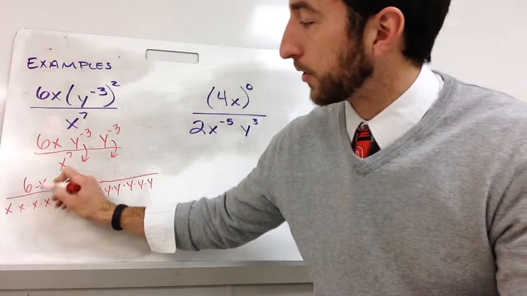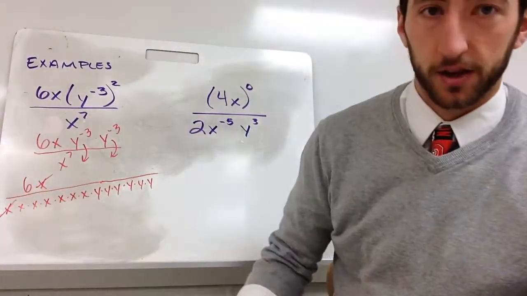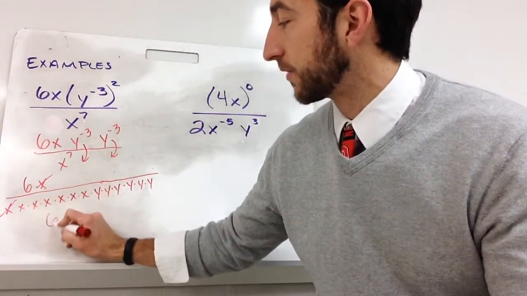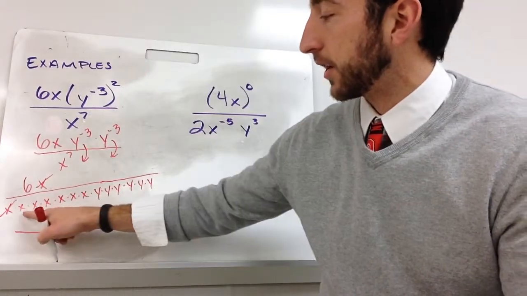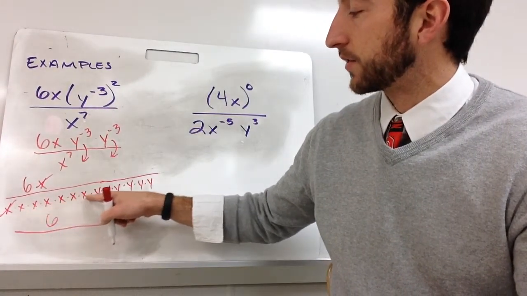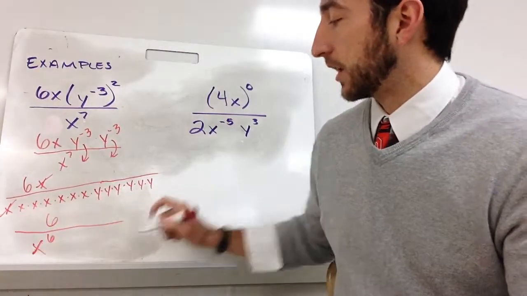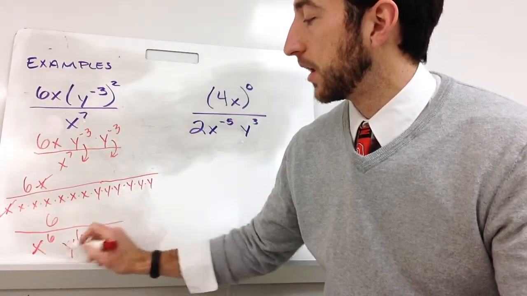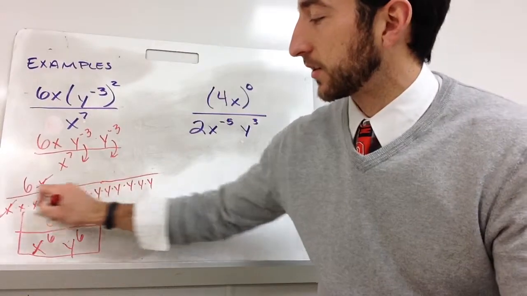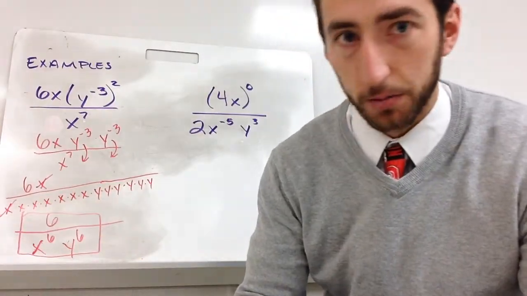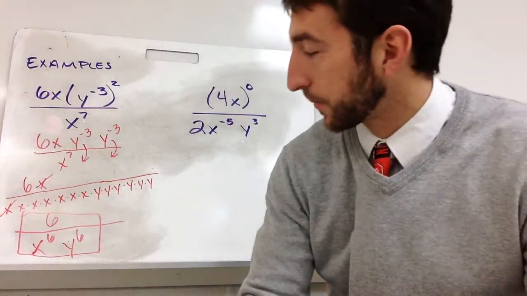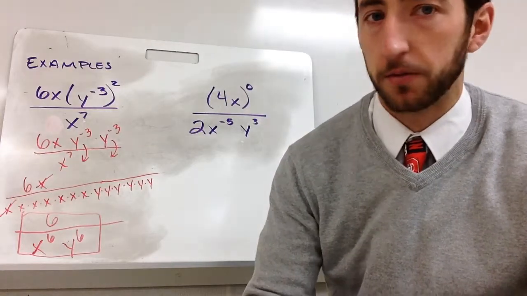I got x's on both sides, so I divide those out. That becomes a 1. I've got a 6 left in my numerator. And then down here I've got 1, 2, 3, 4, 5, 6 x's. So x to the 6th. And I've got 6 y's. And so I've got 6 divided by x to the 6th, y to the 6th. So that one is that, simplified.